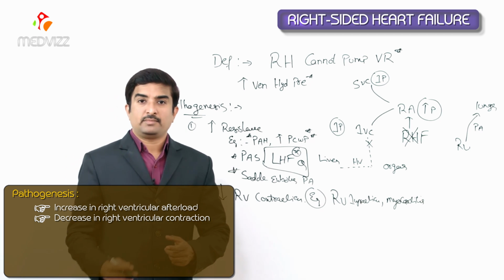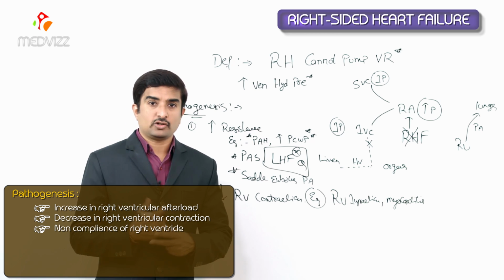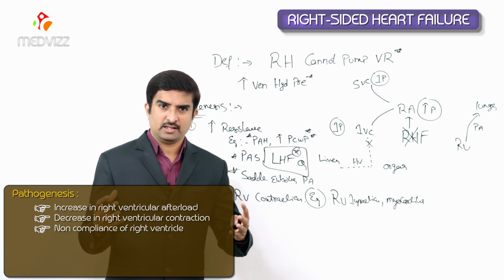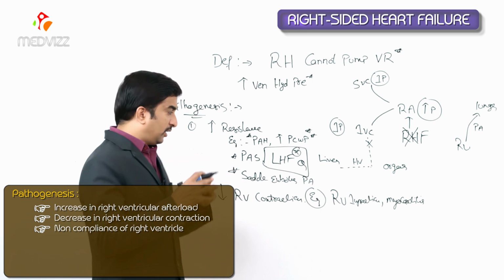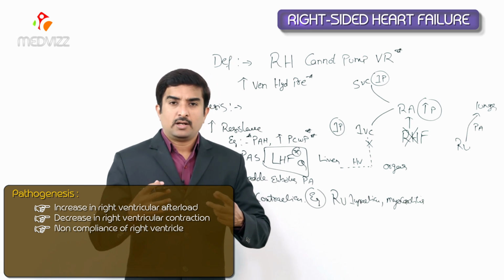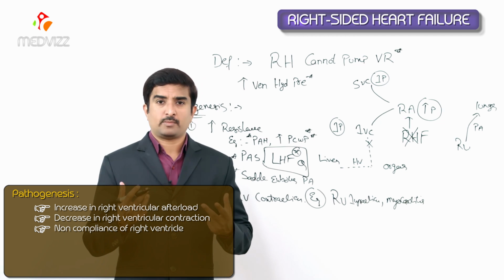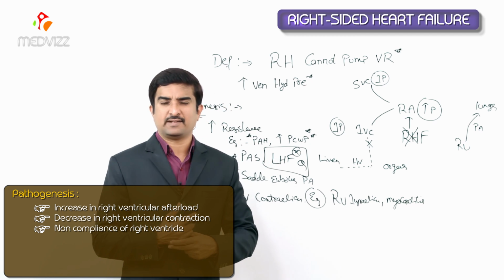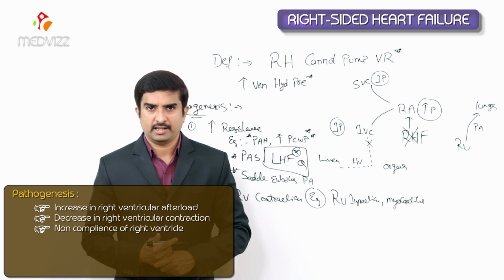The third mechanism explains there might be a non-compliance of the right ventricle. What do you mean by compliance? It means the right ventricle cannot fill properly. If the right ventricle cannot fill properly, it cannot pump properly according to the normal cardiac output, because the normal stroke volume from the right ventricle as well as the left ventricle is approximately 70 ml if the end diastolic volume is approximately 130 ml.